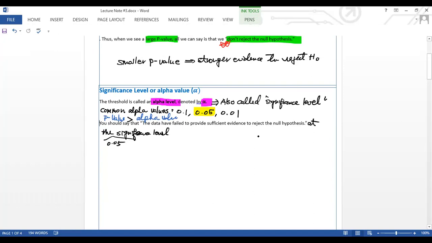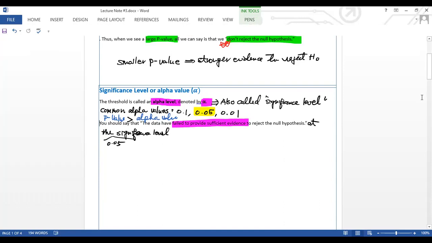That's how you write the statement: the data failed to provide sufficient evidence to reject the null hypothesis at the 0.05 significance level, or at the 0.1 significance level, depending on which level you use. Like we talked about before, do not say I accept the null hypothesis. We don't use the word accept here. You say you fail to provide sufficient evidence. Don't ever say you accept it.